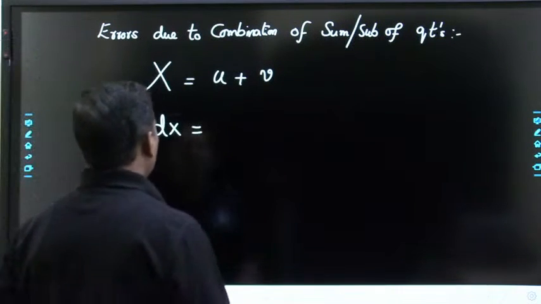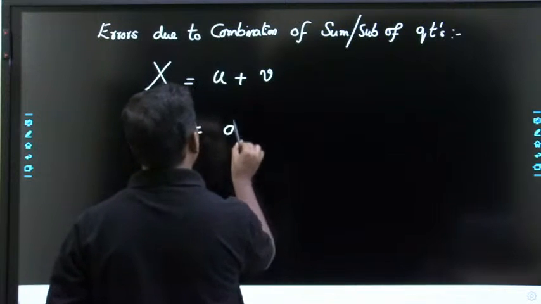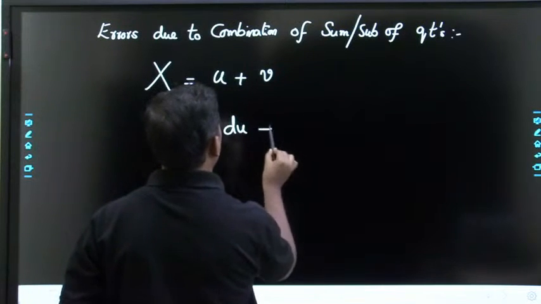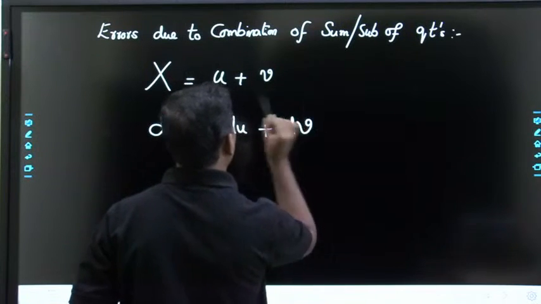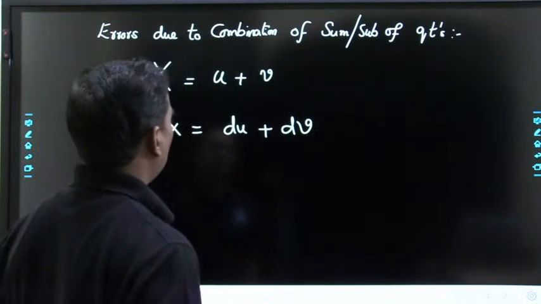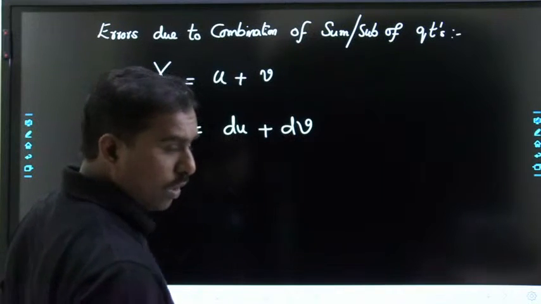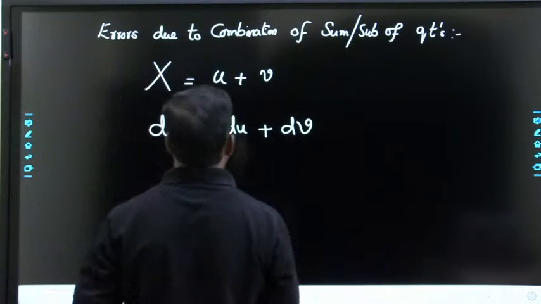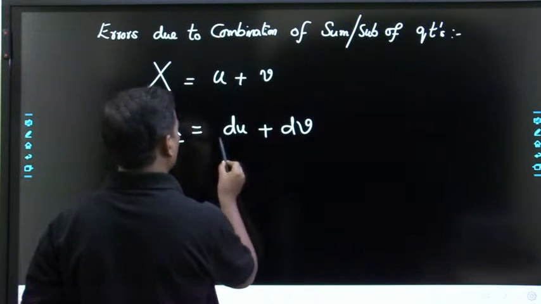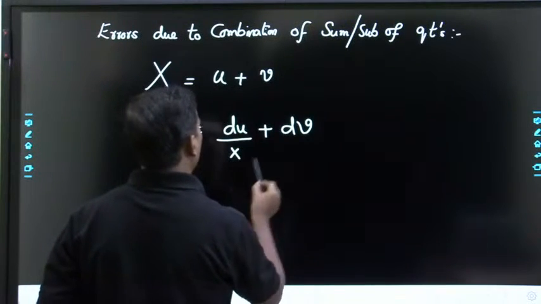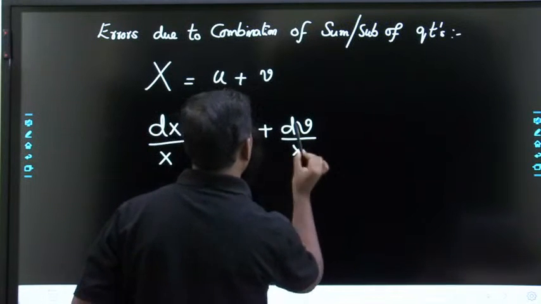There will be an error in du. Okay na? There will be an error in dv. Am I right or not? The error in x will be due to that. Okay. So this is the percentage error in this, and this is the percentage error in this.